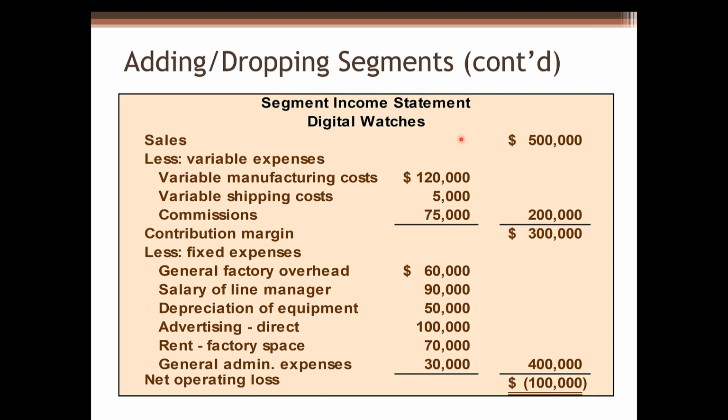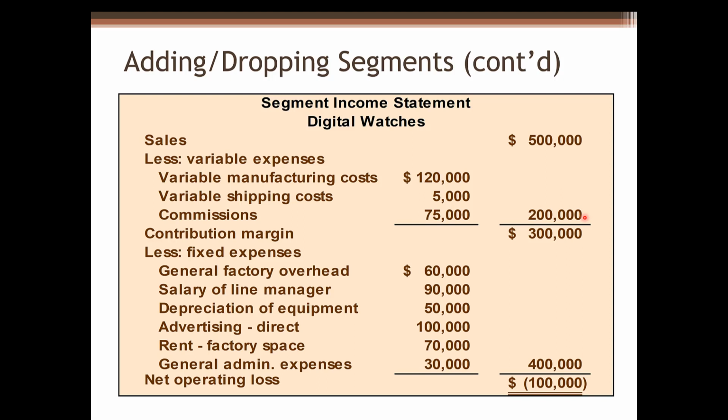This is the digital watches segment contribution income statement. Total sales $500,000 minus variable expenses, including variable manufacturing costs, variable shipping costs, and commissions. Total variable expenses $200,000.